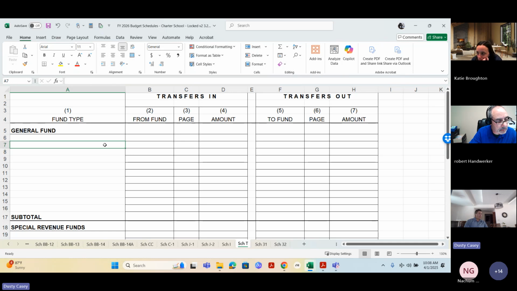For almost all the school districts and the vast majority of charter schools, your state special education revenue, this does not include your local SPED, combined with your federal revenue does not cover your expenses for special education.